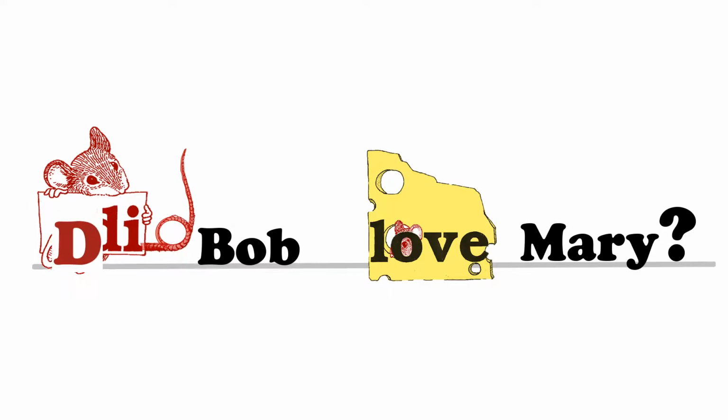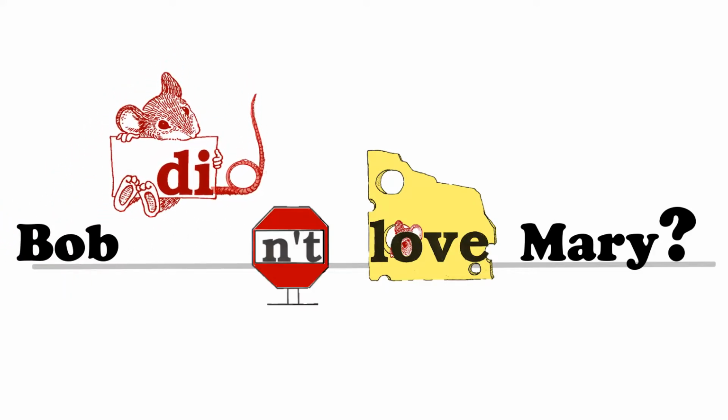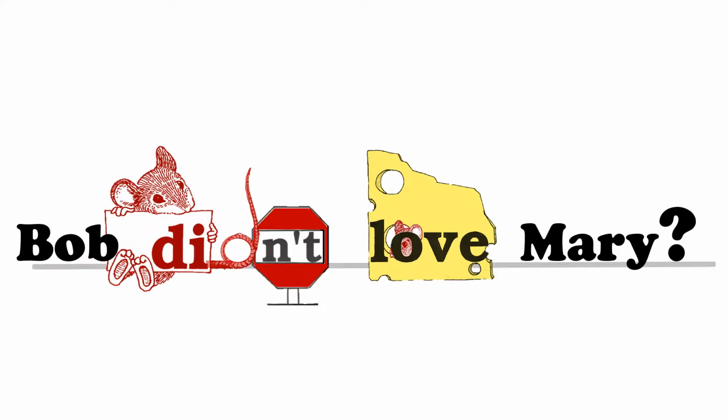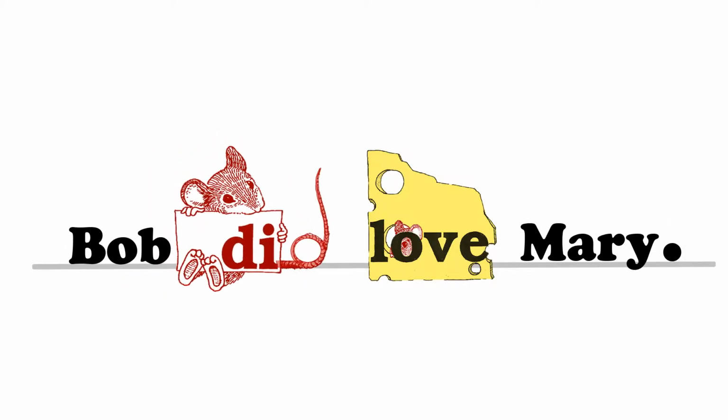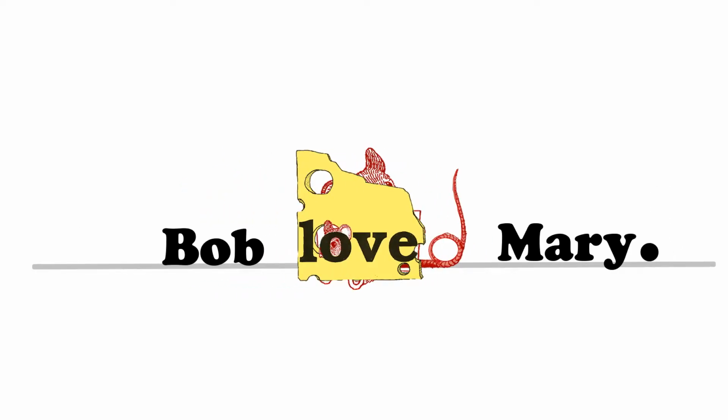And the negative? We'll need not to stop the mouse from getting to its cheese. Bob already has a capital, and we'll change the question mark to a period. The emphatic? And then we relax and state the truth, and the mouse gets back to its cheese.